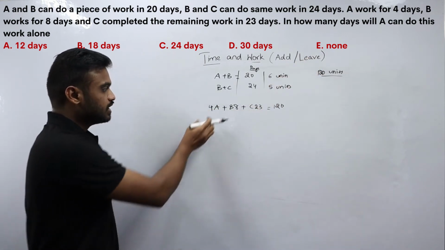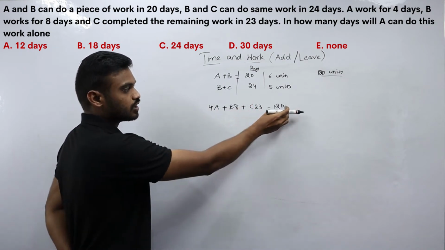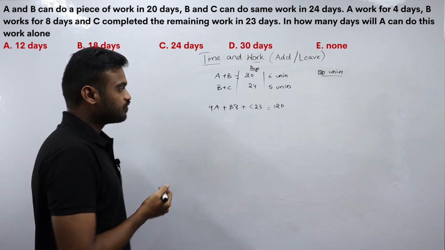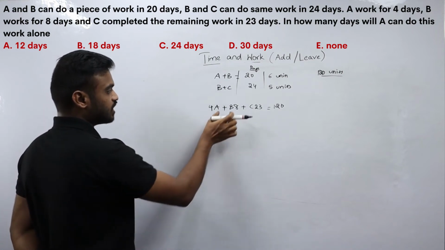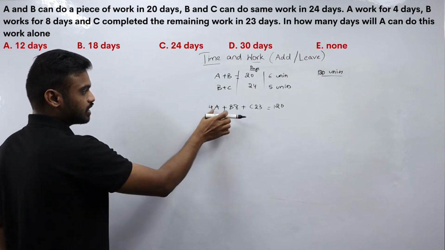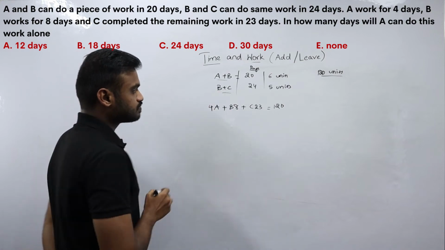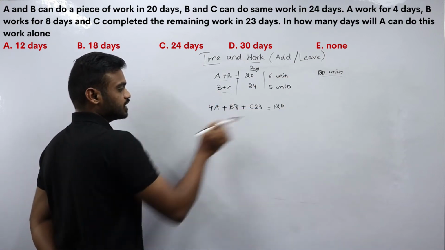But we don't know the efficiencies of A, B and C. So how can we write this? We can write it in the form of A plus B and B plus C. Then we can substitute these values here.